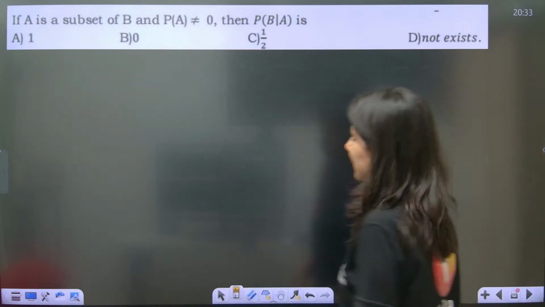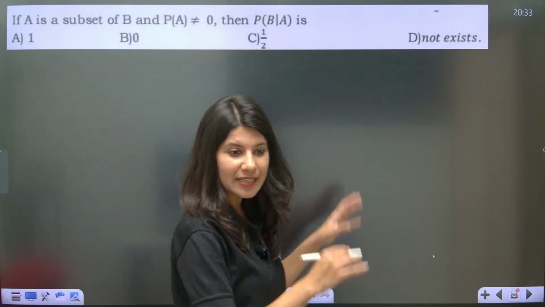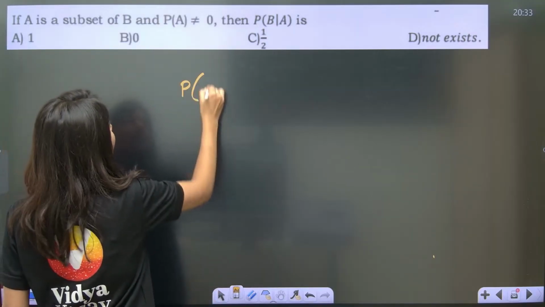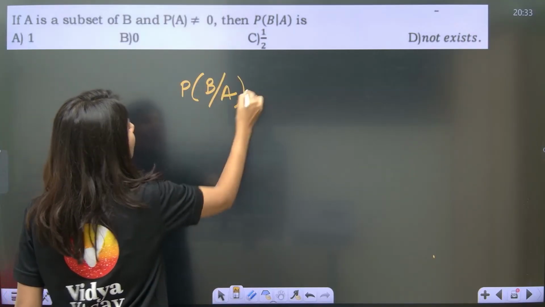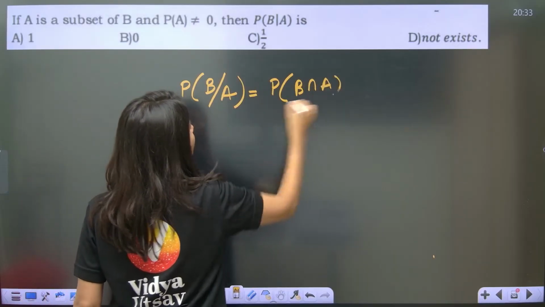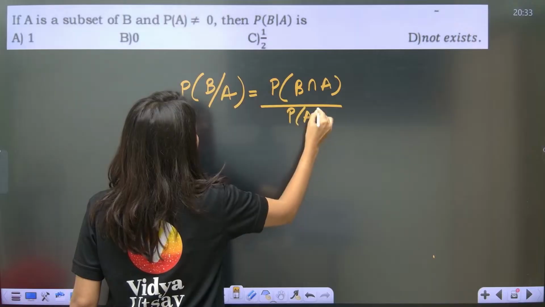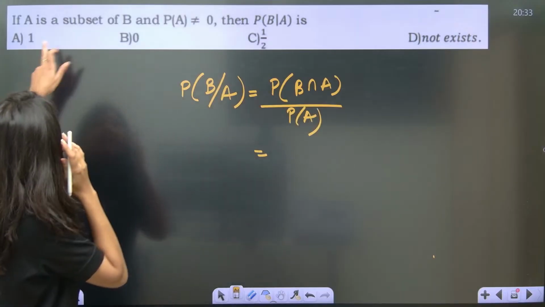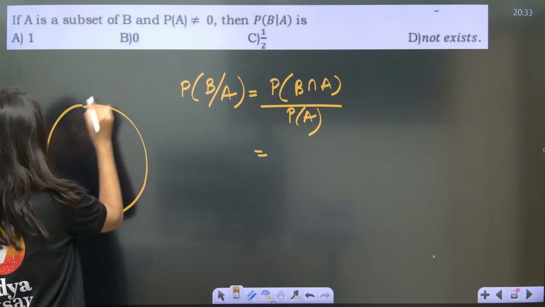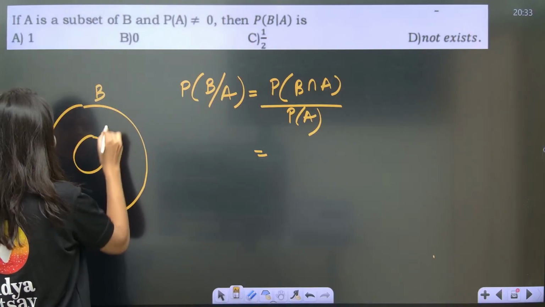Chalo. Till the time you are doing your job, let me explain the last 3 to 4 questions. So probability of B given that A has already occurred. Formula: probability of B intersection A upon probability of A. As per the question, A is a subset of B. So B is the bigger set, A is the smaller set.